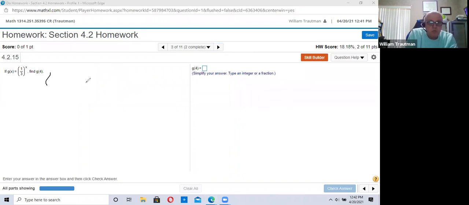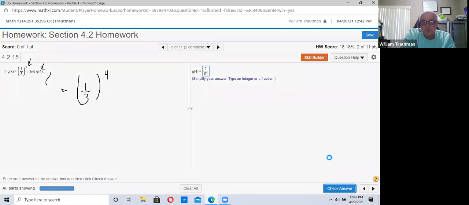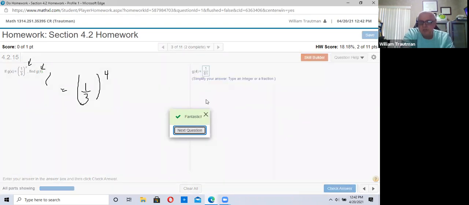Here it's 1/3 to the x power, but we're plugging 4 into it. And when you put 1/3 to the 4th power, you get 1 over 81. 3 times 3 is 9 times 3 is 27 times 3 is 81.